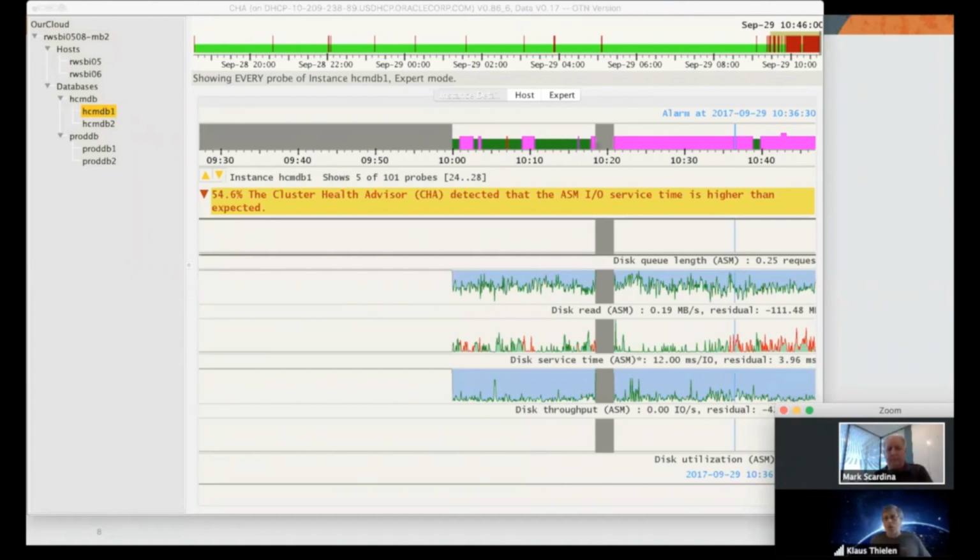You're talking about maybe using it post-mortem to look at a scenario which happened over the weekend, for example. Yeah, you can run it in real time on the cluster. You can see whatever is going on there, but also post-mortem, when you would like to know: yesterday there was a problem. What happened to my database?